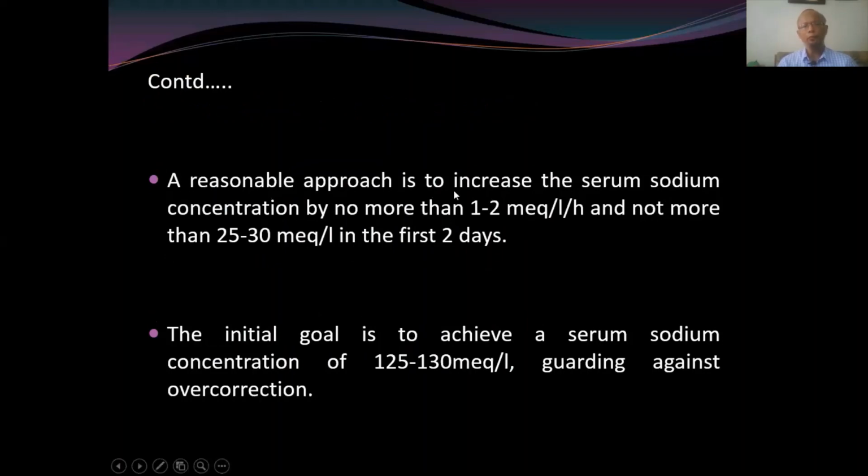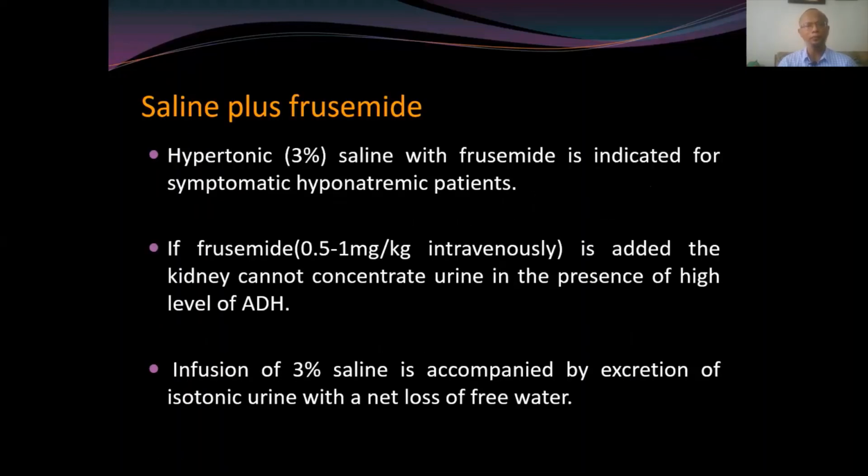A reasonable approach is to increase the serum sodium concentration by no more than 1 to 2 milliequivalent per liter per hour, and not more than 25 to 30 milliequivalent per liter in the first 2 days. The initial goal is to achieve a serum sodium concentration of 125 to 130 milliequivalent per liter, guarding against overcorrection. So you must remember these things when you are correcting hyponatremia.